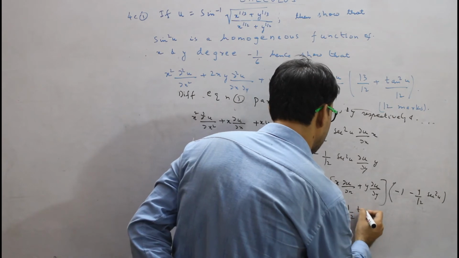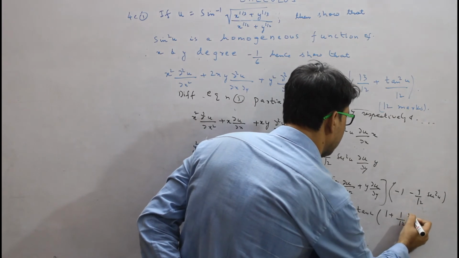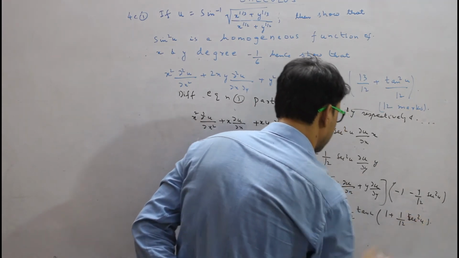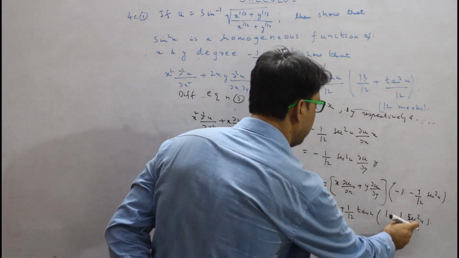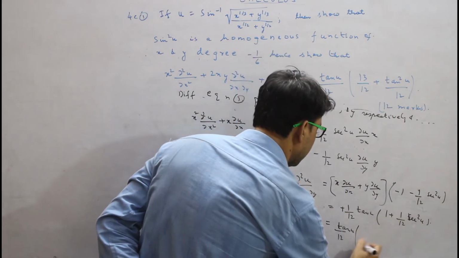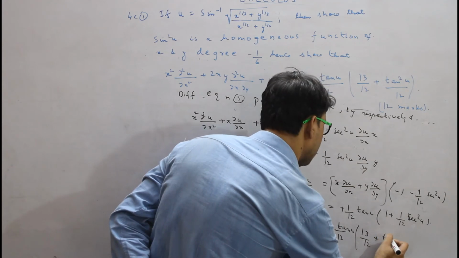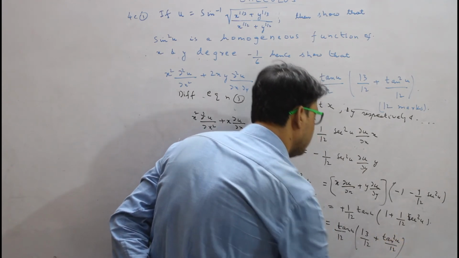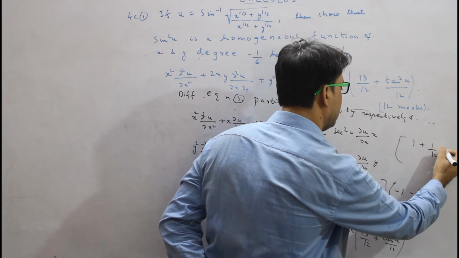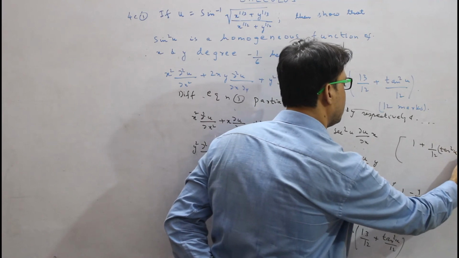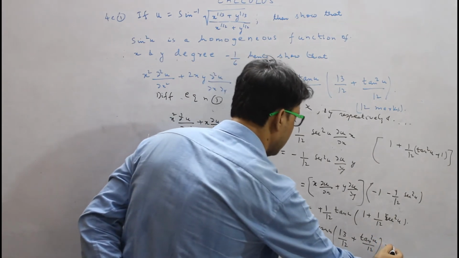Minus 1/12 tan u, and minus sign I can take outside. I can write this as 1 plus 1/12 sec² u. So this I can write as 1/12 tan u. If I change this to tan, I will get 12 plus 1, so this will become 13/12 plus tan² u/12. So this is my answer.